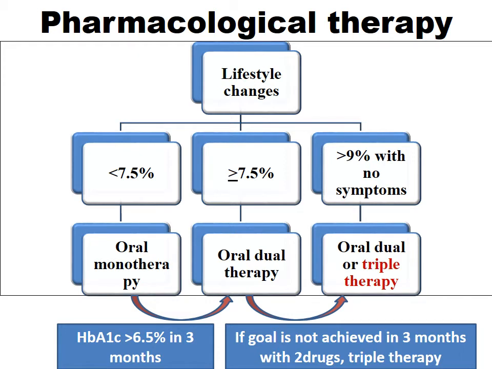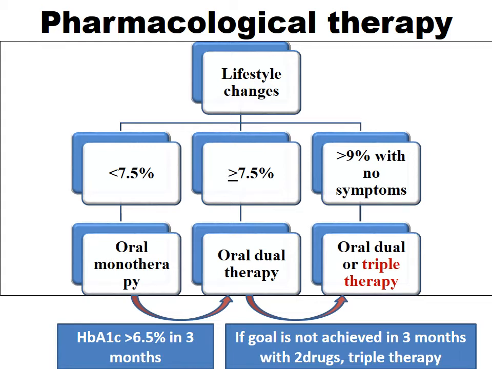If it's more than or equal to 7.5%, start the treatment with 2 drugs. If the level is more than 9% with no symptoms, start the treatment with 2 drugs, or 2 to 3 drugs can be used for treatment of the diabetes.